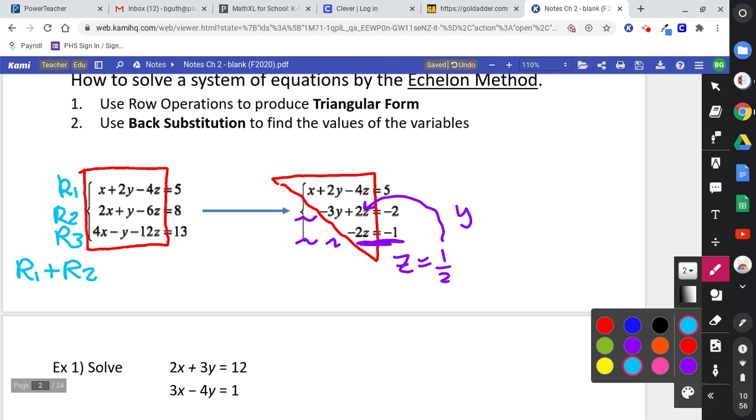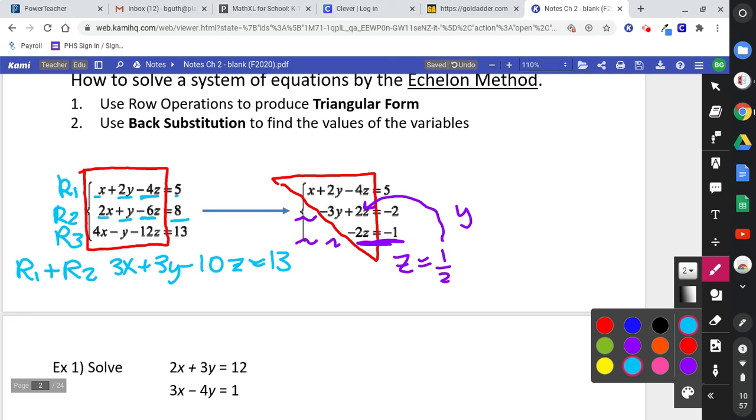So we could say x plus 2x is 3x, and 2y plus y is 3y. Negative 4z plus negative 6z is negative 10z. And 5 plus 8 is 13. That's what I mean by row operations. Now, there's a little bit more to it because you'll have to figure out what the rule is, all right? But that's basically what I mean.